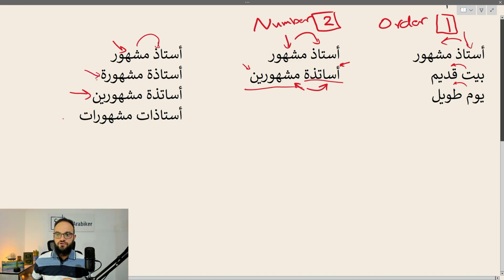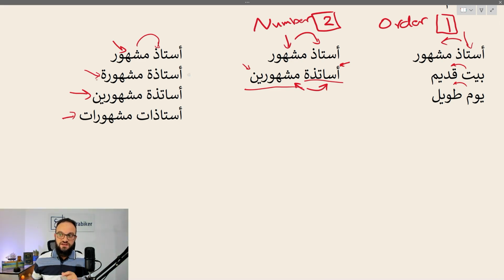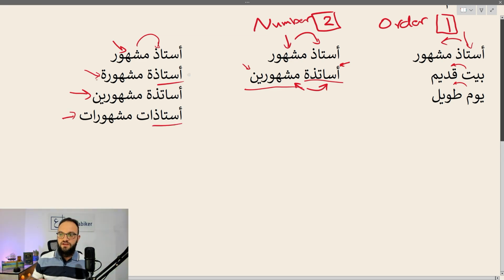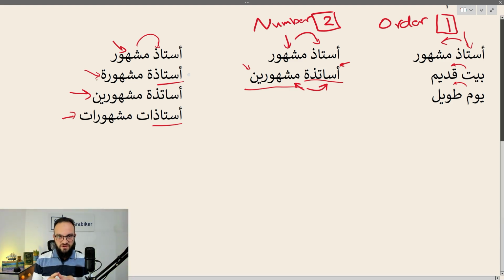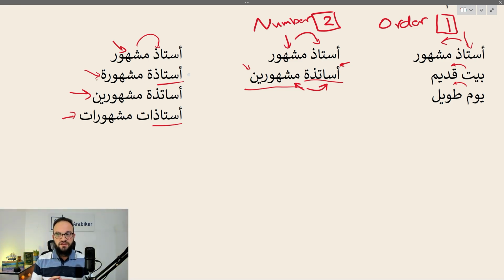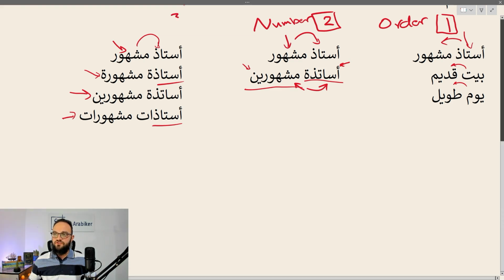And this word is in feminine form because the noun that they modify is feminine. So as a rule, if the noun is masculine, the adjective must be masculine. If the noun is feminine, the adjective must be feminine. Let's call this the third thing that I want you to consider when constructing noun adjective phrases: gender agreement.